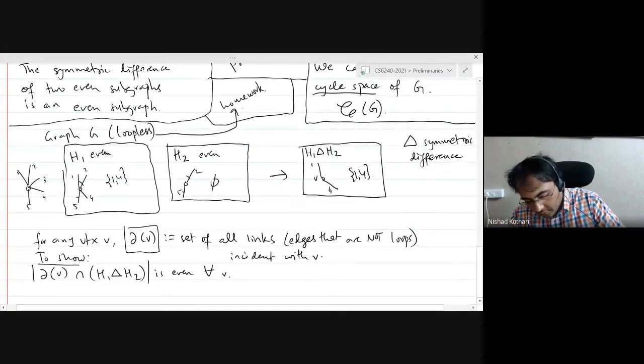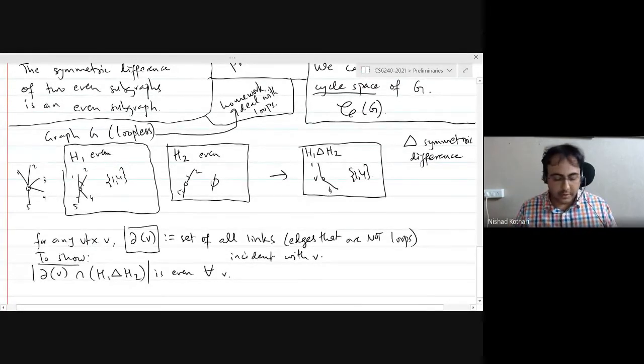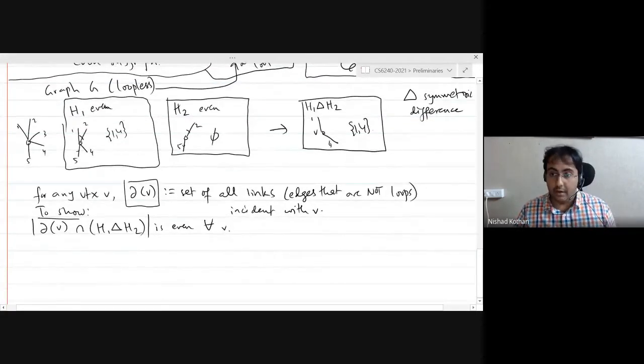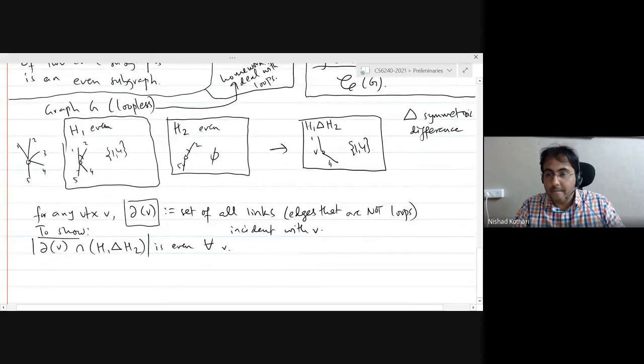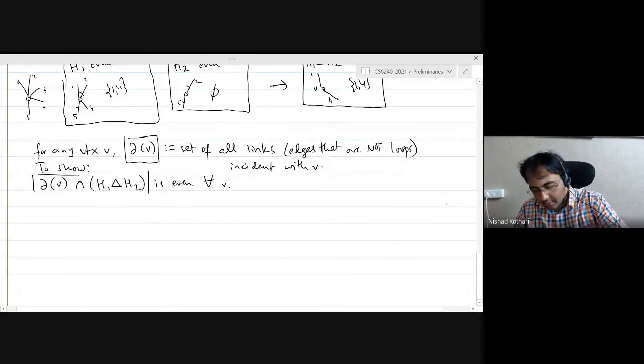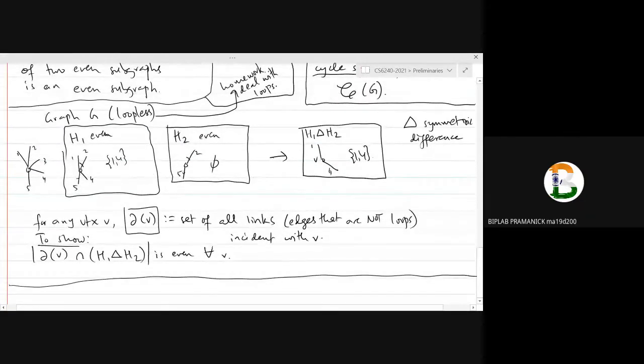Convince yourself that this statement is true even if your graph has loops. All right, are there any questions so far? Is everybody convinced?